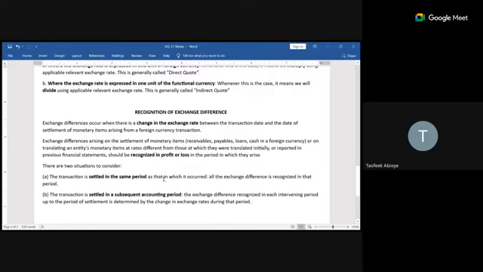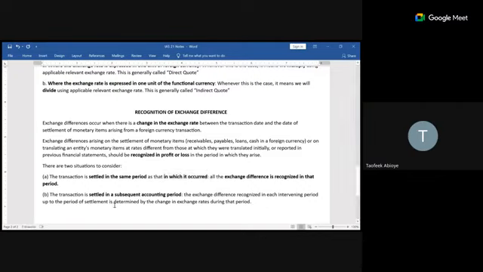So when the transaction is settled in the same period as the occurrence period, all exchange gain and loss will be recognized in the same period. That means settlement and occurrence period are the same, so recognize it in the same period.